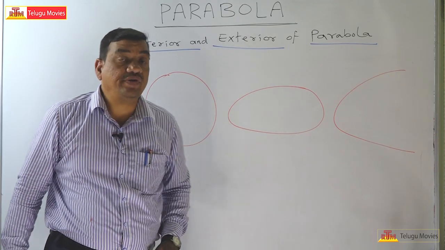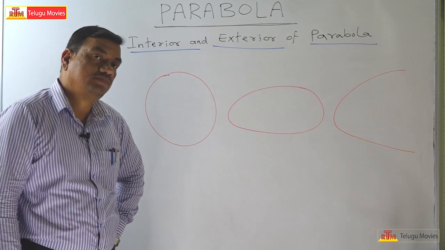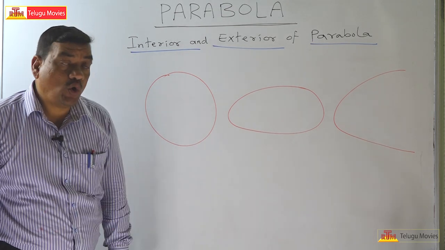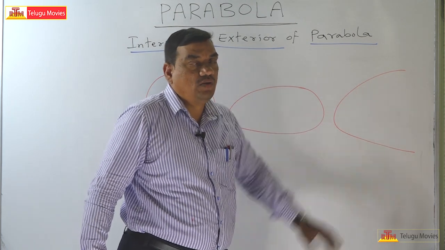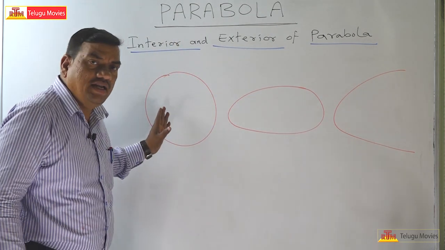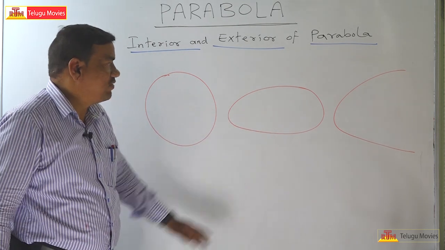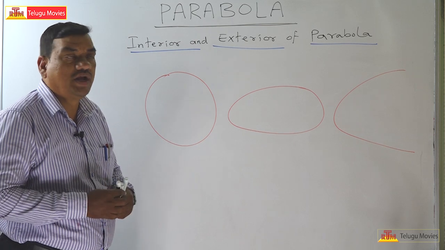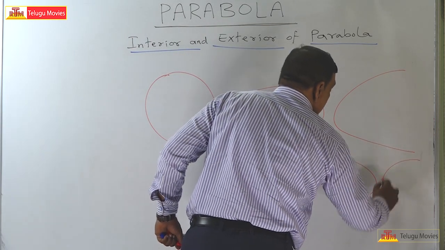Here I am going to explain what is the interior and exterior of a parabola. As I already told you, a parabola is an open curve. A circle is a closed curve and this is an ellipse. Afterwards I will explain what an ellipse is. And one more curve is also there. This is called a hyperbola.